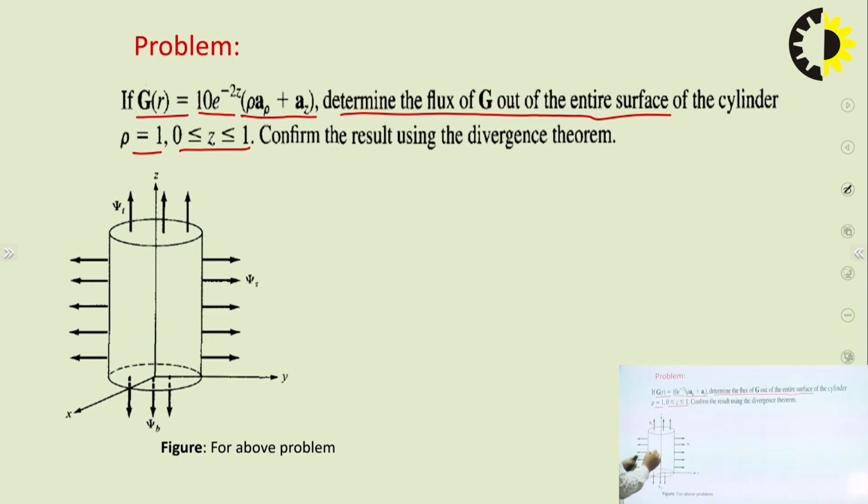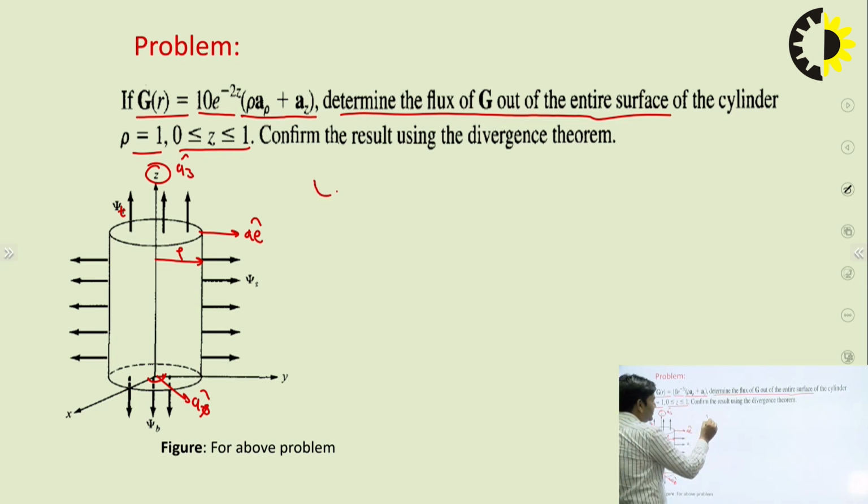Suppose we create one cylinder, and this is the z axis, this is the y axis, this is the x axis, or we can say this is rho. This is the a rho direction and this is the az direction, and if this is phi, this is the a phi direction. The total outward flux of that particular cylinder is defined by top flux, bottom flux and side flux.